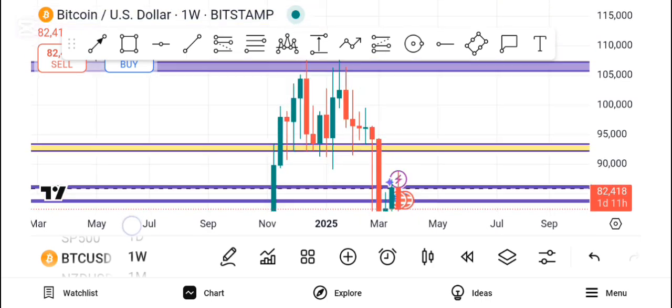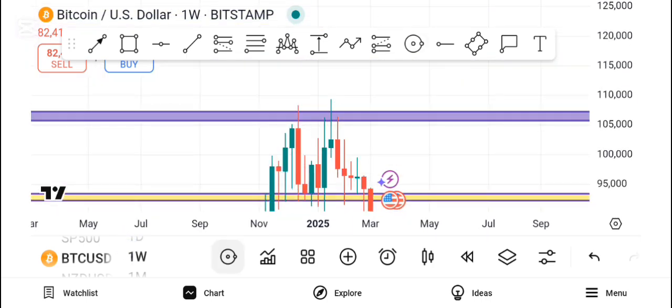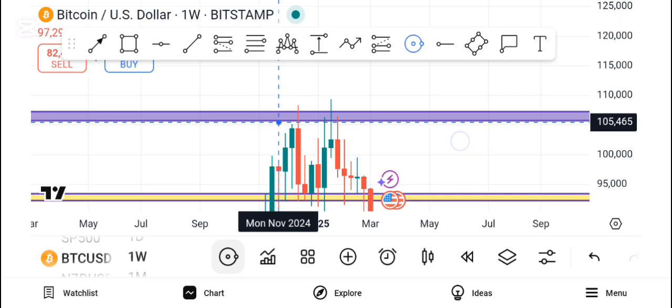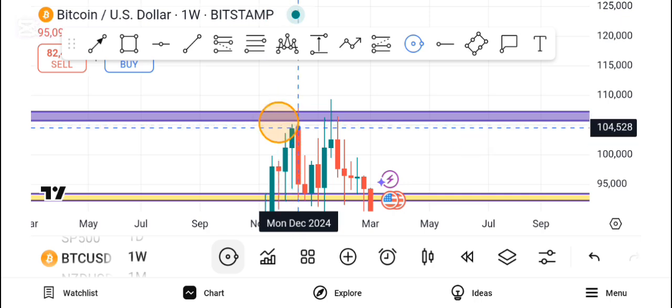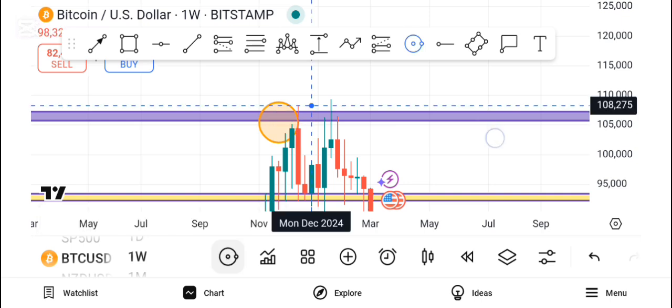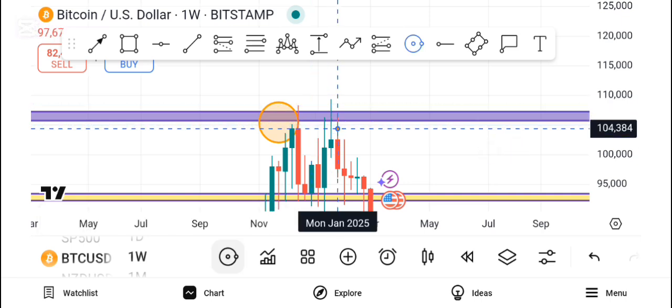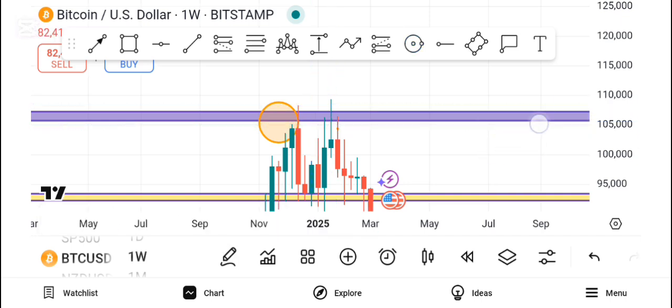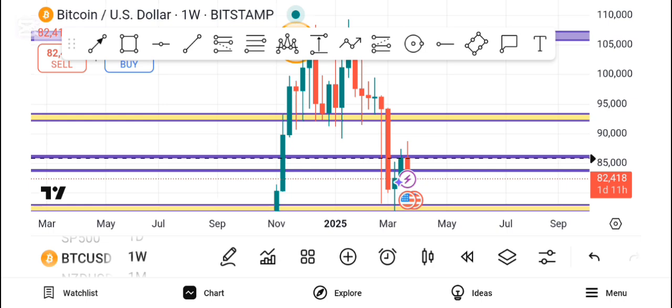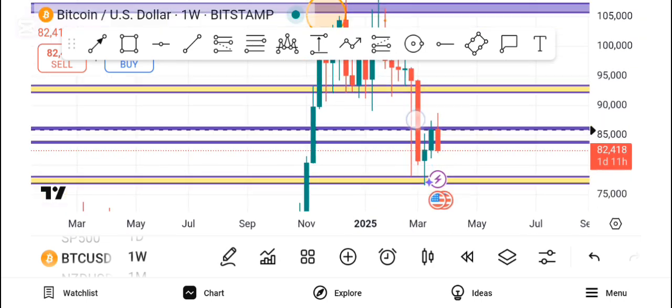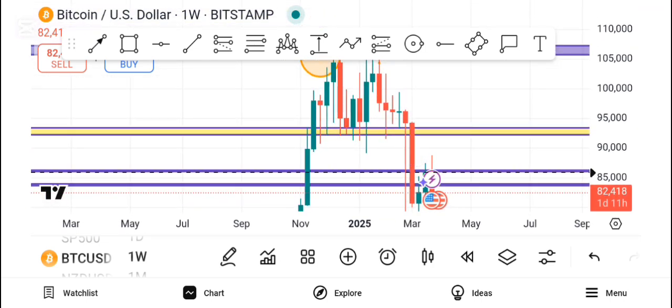As you can see here, you can see the double top here, more like a double top over here, and it will break the neckline of the double top, creating a lower low.